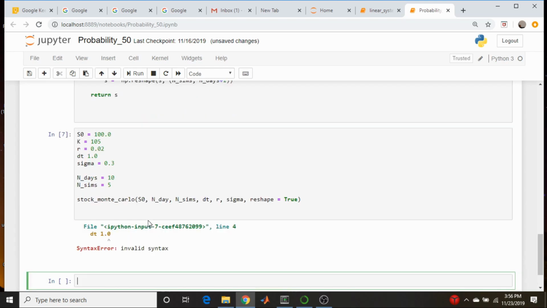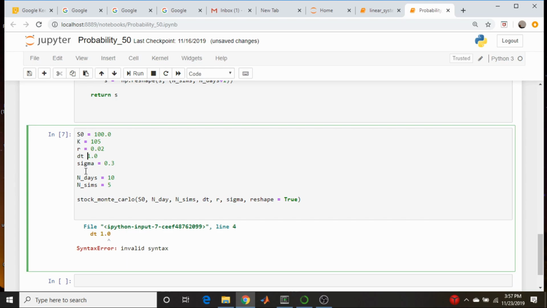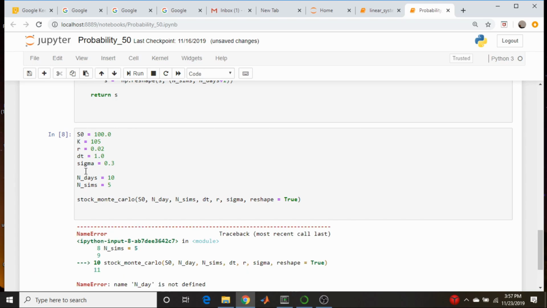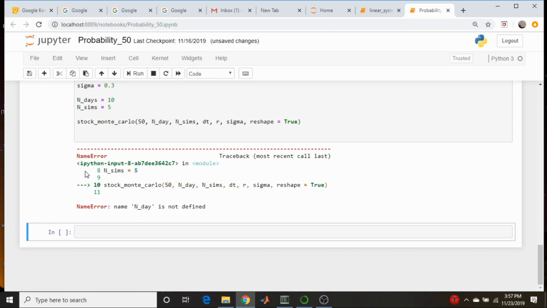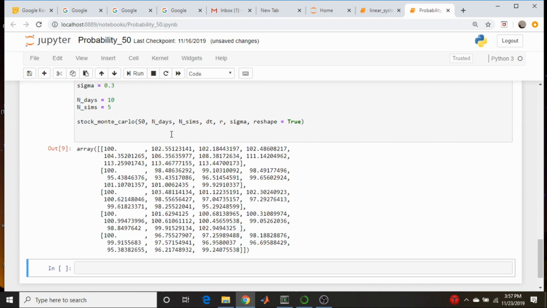So let's run this block. Okay, one error. dt equals 0 or 1. So let's run that. Okay. What's the error here? I called this n_day here and n_days up there. Run. Okay.